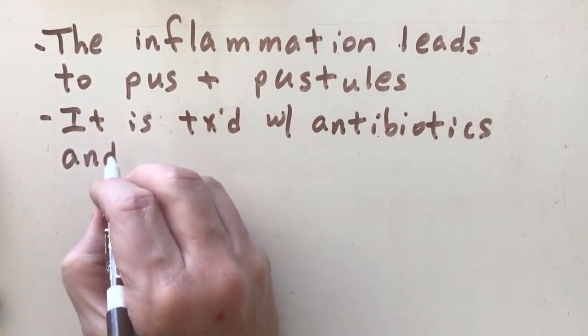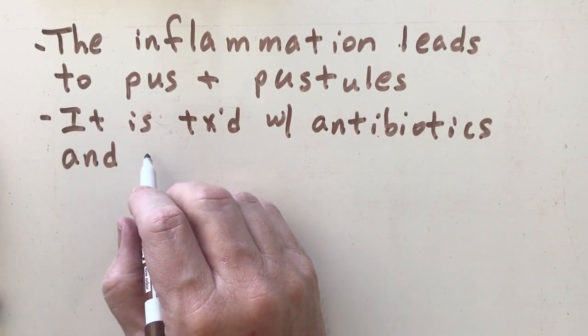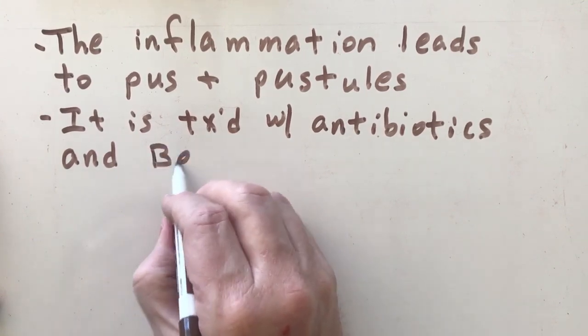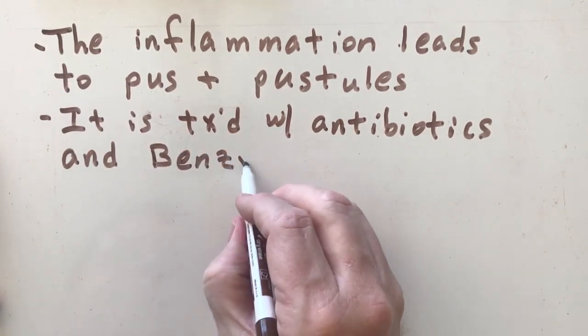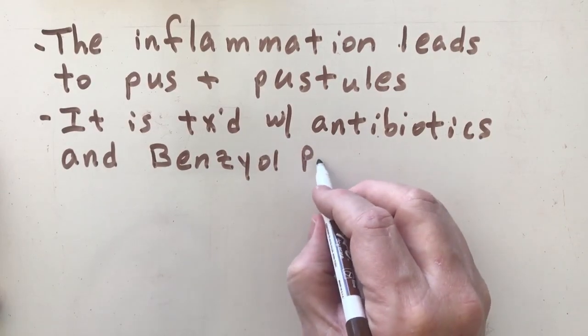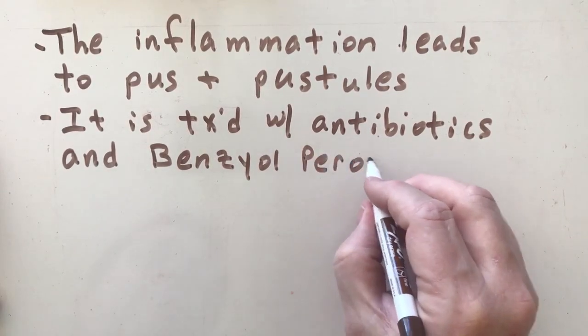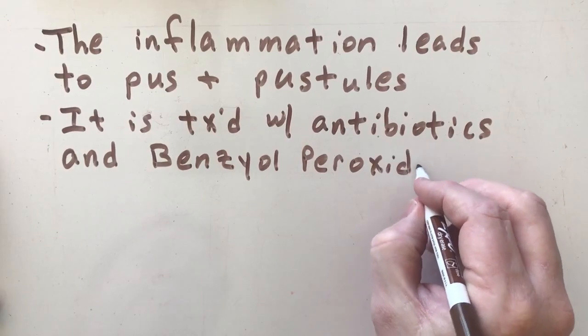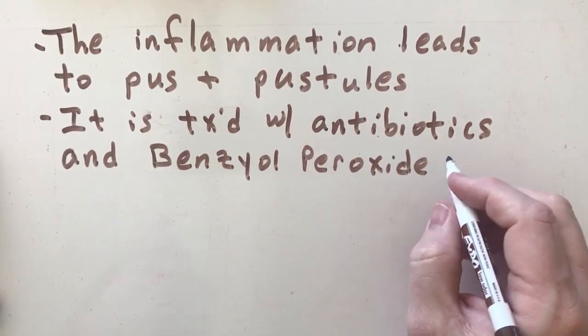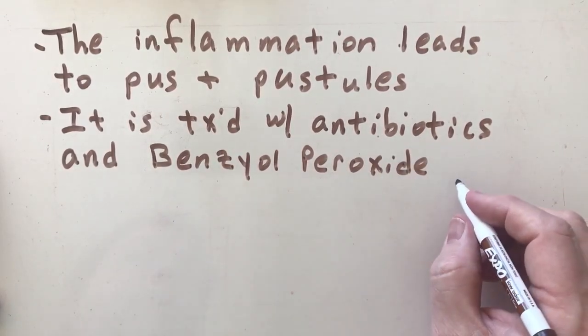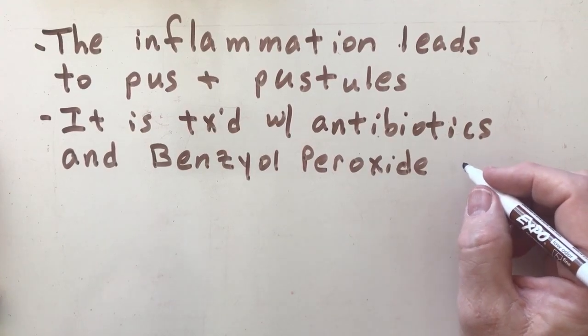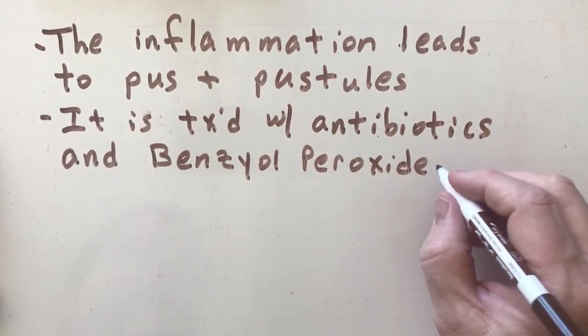And sometimes if you go to the grocery store, you may buy something called benzoyl peroxide. Okay, and what these are going to do is they're going to dry out and unclog the hair follicles.